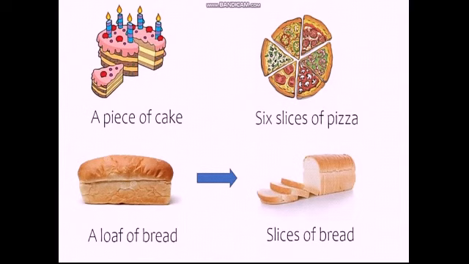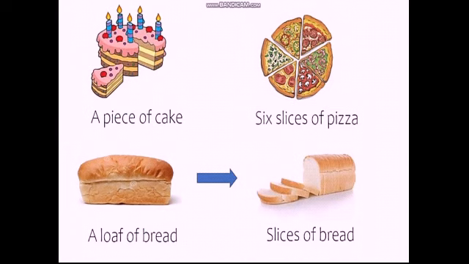I have given you different food items as a whole, as a bigger item, along with how it is used as partitive nouns. See the first one. Cake. Are you able to count the cake? No. But you can count the cake by adding the partitive noun to it. A piece of cake.